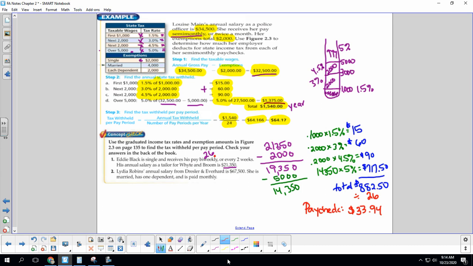All right, let's do it again, but with this scenario. So Lydia's annual salary is $67,500. She is married, has one dependent, and is paid monthly. So let's do our exemptions first. So 67,500. We're going to minus out the exemptions, so we get 4,000 for being married and 2,000 for the dependent.